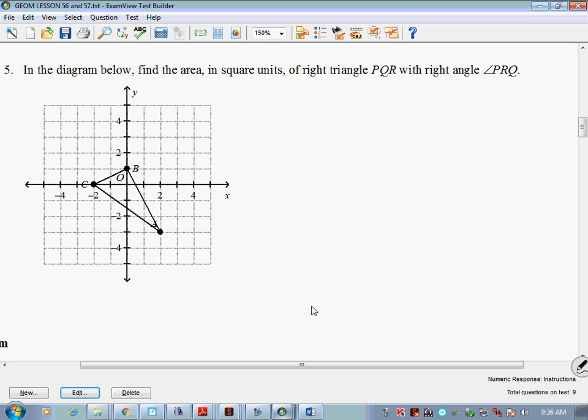Okay, question number 5. Because question number 3 and 4, those are basically rectangles. Let's look at something that's much more complicated in number 5. In the diagram below, find the area in square units of triangle PQR with right angle PQR. Let's see.